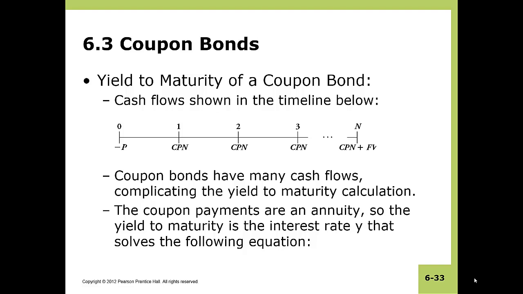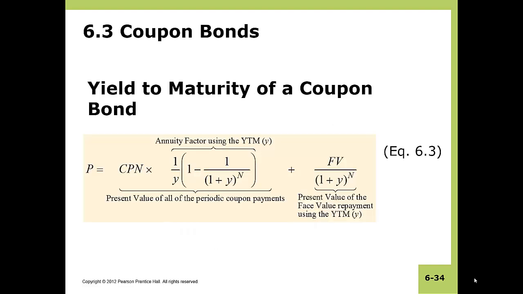The CPN are the coupon payments, or the periodic payments, and at the very end you have the coupon payments plus your future value, which is the same as the maturity value. And this formula, which is a big formula, is doing two parts. You're trying to find the present value of an annuity, which are all your payments, plus the present value of that maturity, like $1,000 or whatever it is, due in so many years.